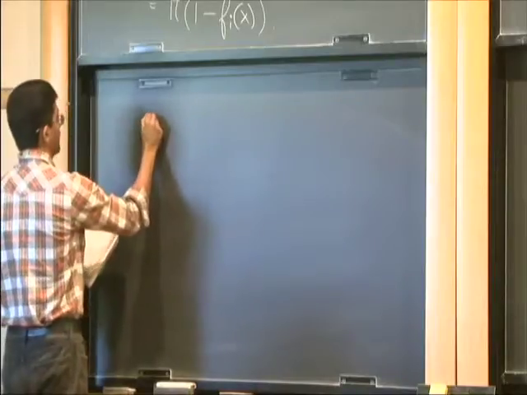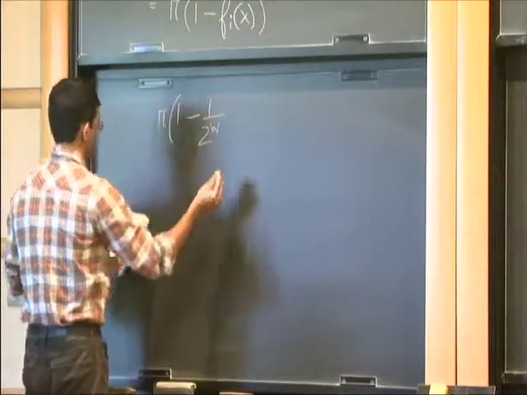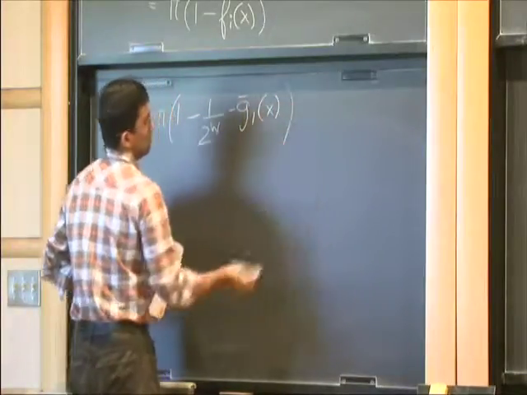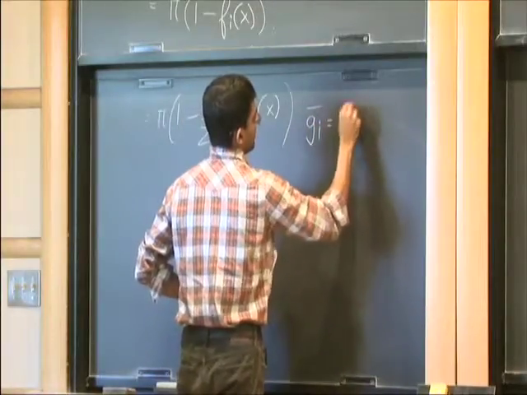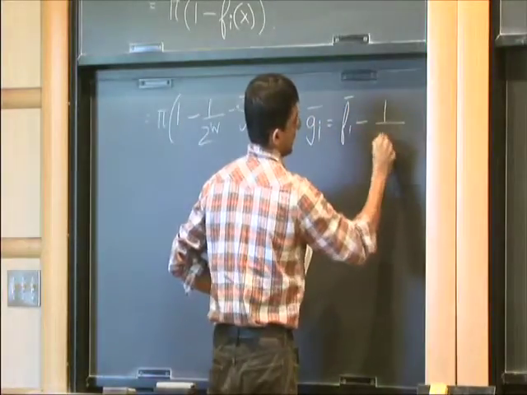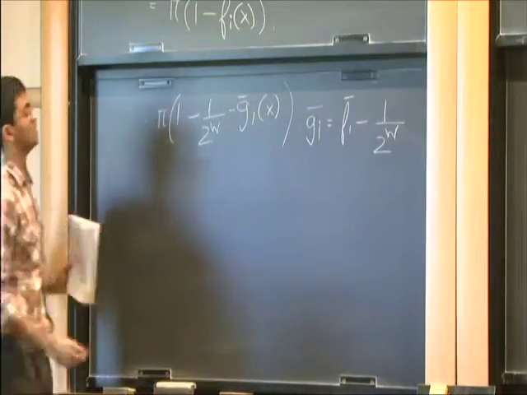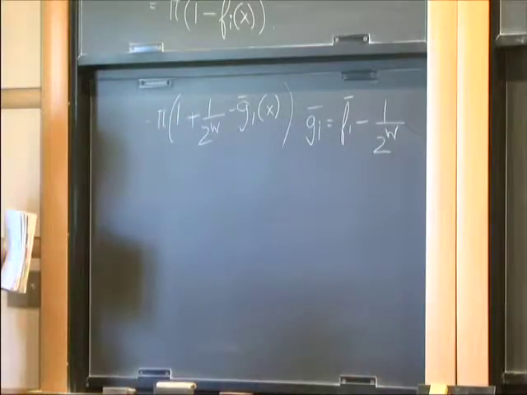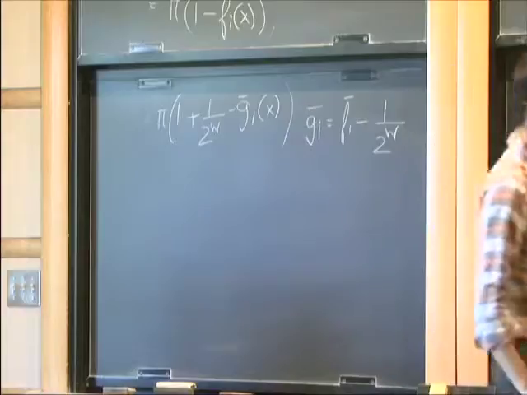So I'm going to write it as a product of 1 minus 1 over 2 to the w minus gi bar x, where gi bar is just fi bar minus its expectation. No, the expectation is 1 over 2 to the w, right?